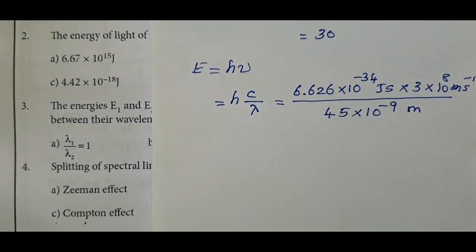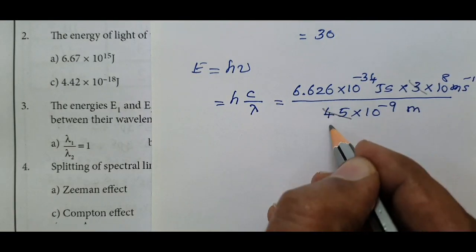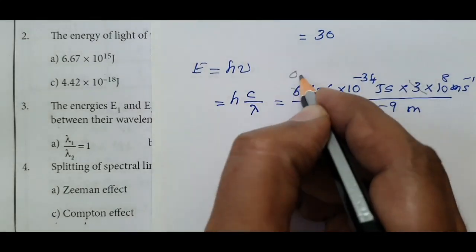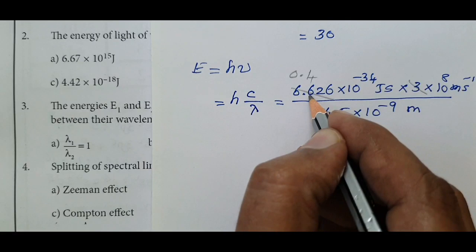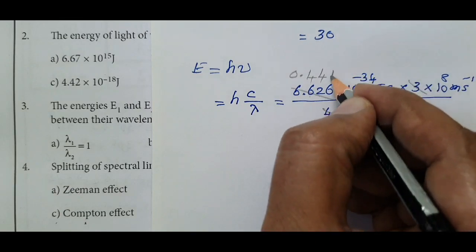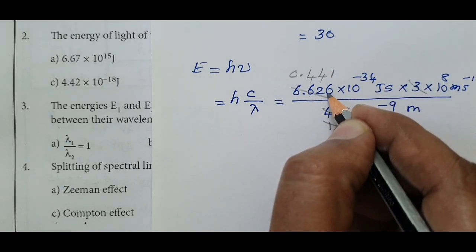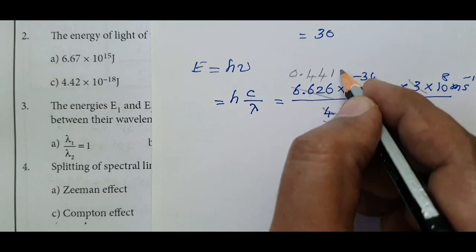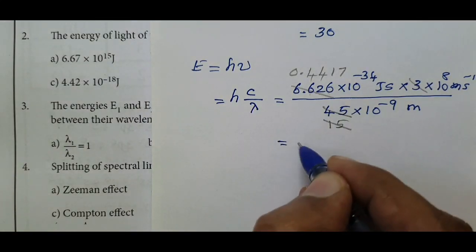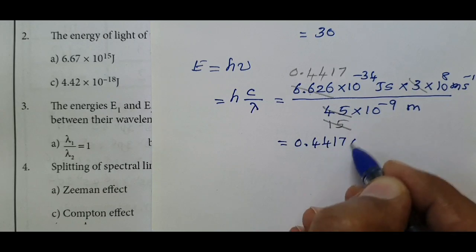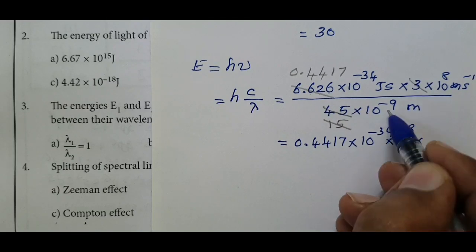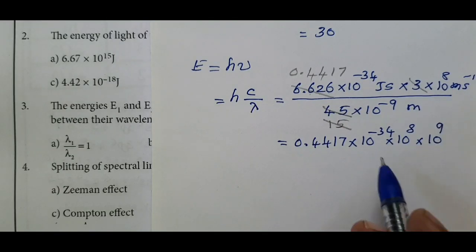When we solve this, 1 3 is 3, 1 3 is 3, remaining 1 15, 5 3s are 15, 1 15 is 15, and 4 15s are 60, remaining 6 62, 4 15s are 60, remaining 2 26, 1 15 is 15, remaining 11 110, then 7 15s are 105, and the answer is 0.4417 into numerator 10 power minus 34 into 10 power 8, and bring the 10 power minus 9 to the numerator, 10 power plus 9.